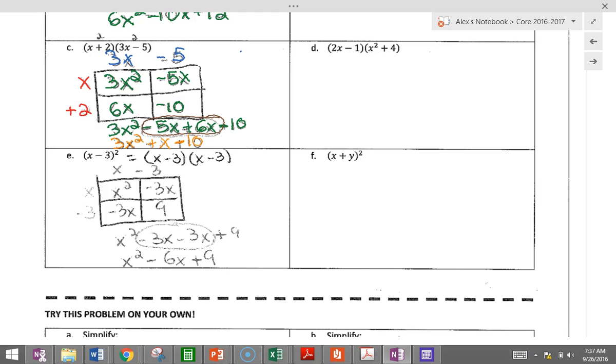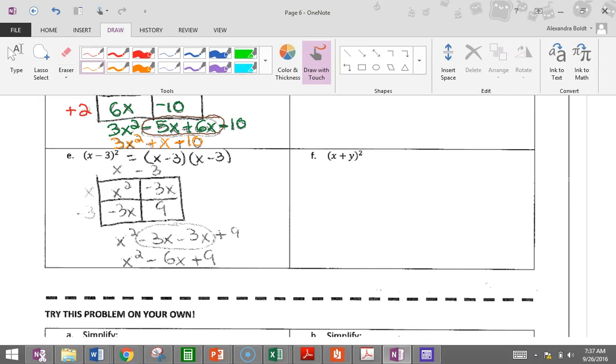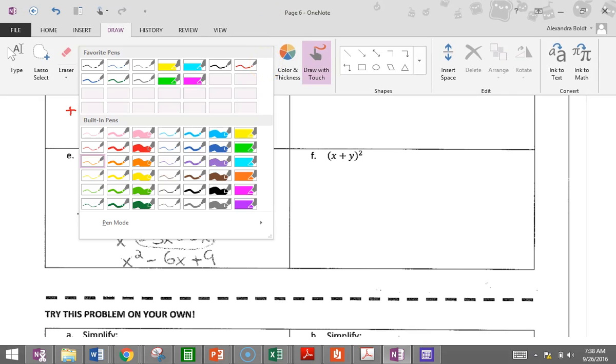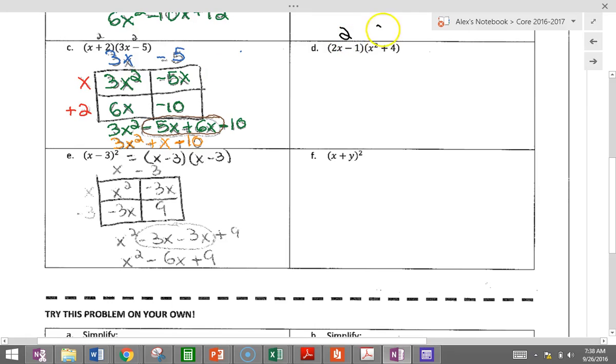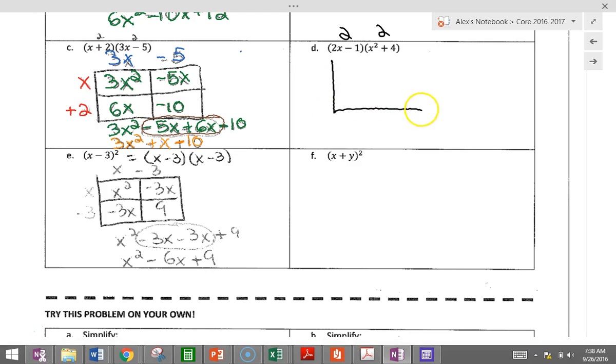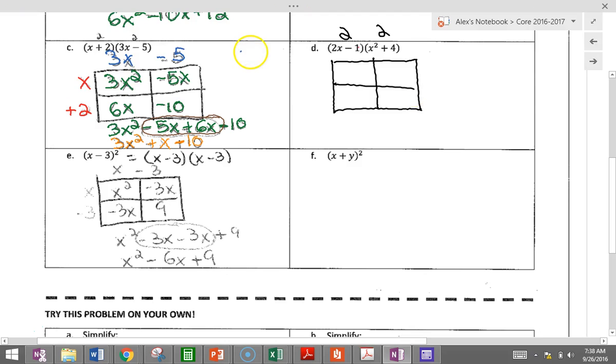Alright, let's look at letter D. Again, I have 2 by 2. This is a 2 by 2 block. So I have 2x minus 1, and I have x squared plus 4.